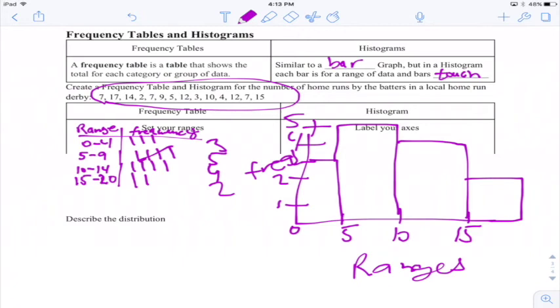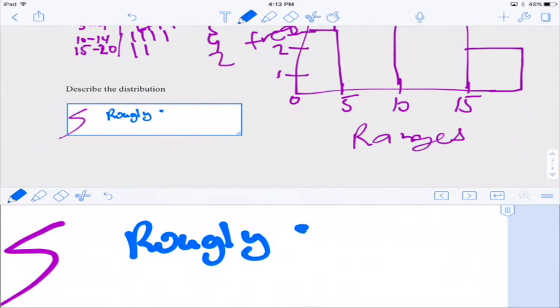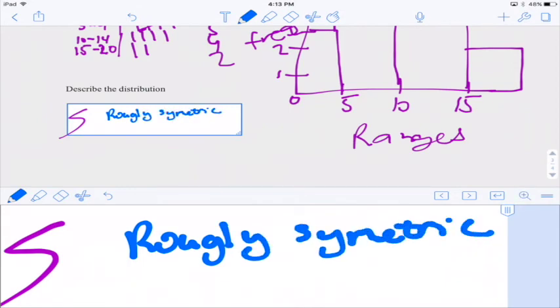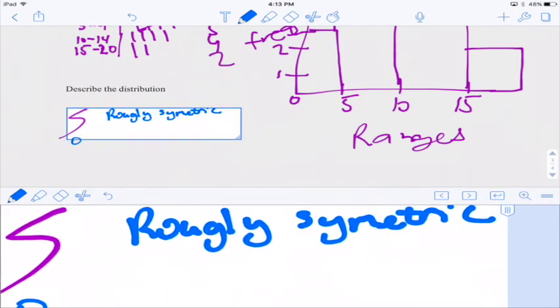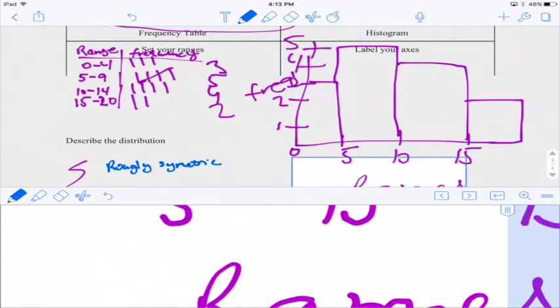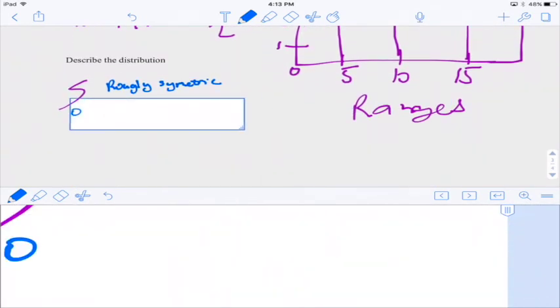If I were to describe this distribution, my shape, it's kind of hard to tell because there's not that many bars, but it's roughly symmetric. Oh, no, I don't see any sort of outliers or unusual characteristics.